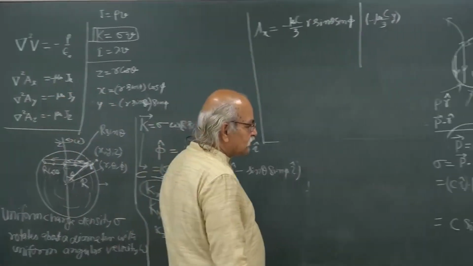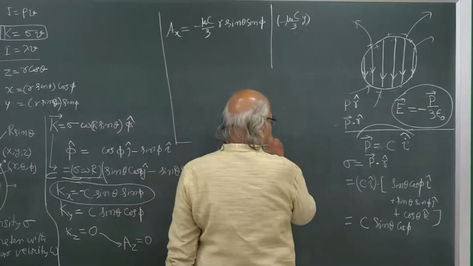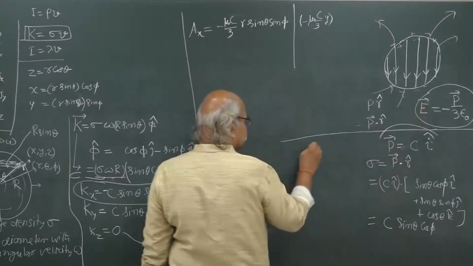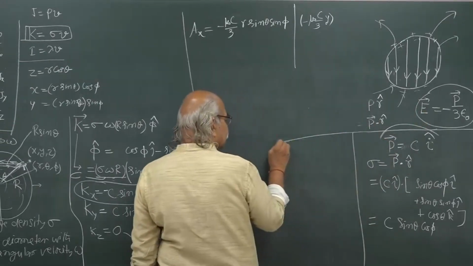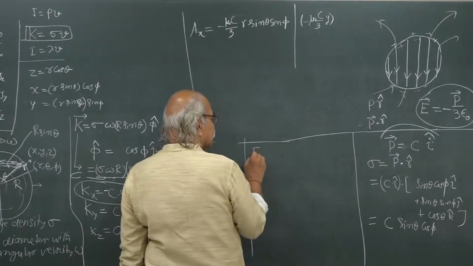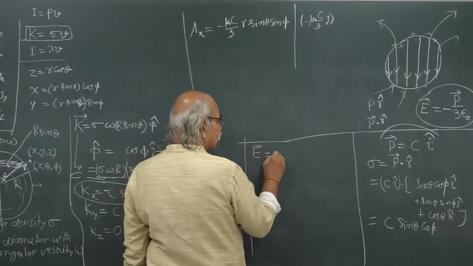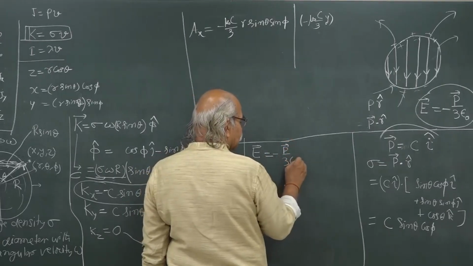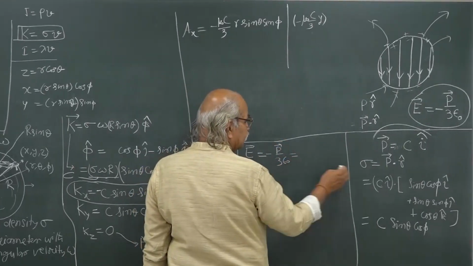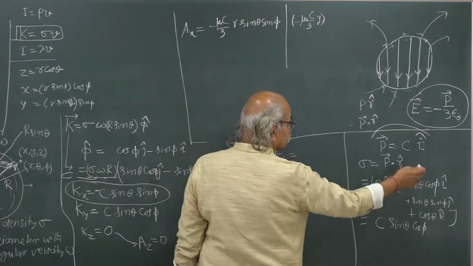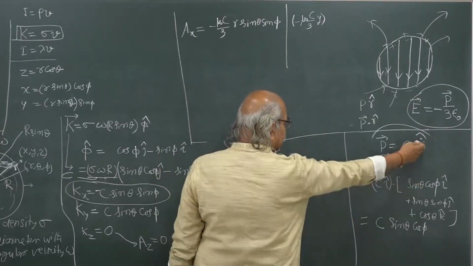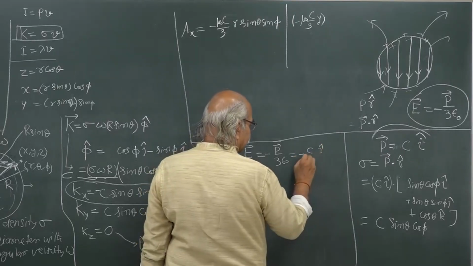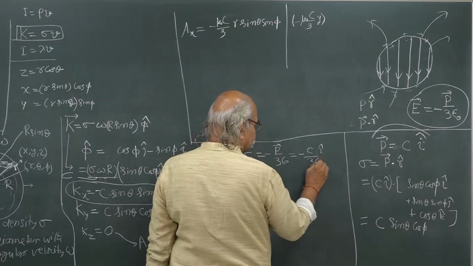And to know the electric field and this potential is quite easy, because the electric field is minus P over 3 epsilon naught, and P is c i cap. So, this is minus c i cap over 3 epsilon naught.